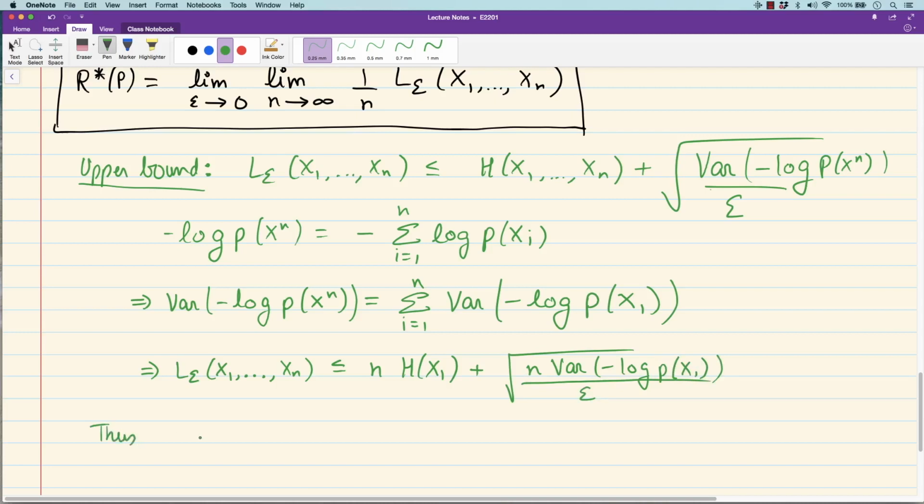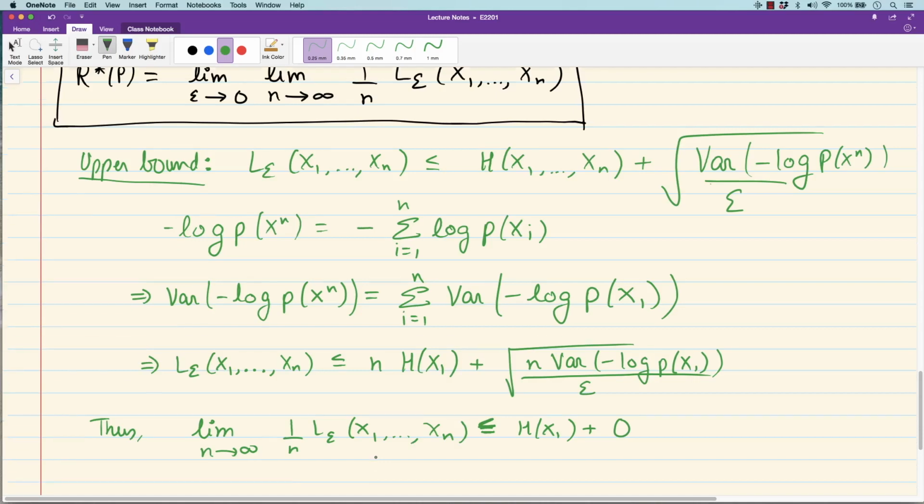What do we get? One by n L epsilon x1 to xn. This first term remains, but the second term, because we only have a root n here, in the limit as n goes to infinity, becomes 0. Okay, so we get that this limit is bounded by this for every epsilon. Okay, so we get a bound like that.